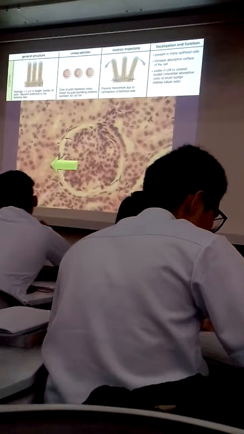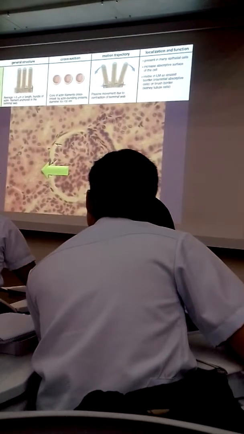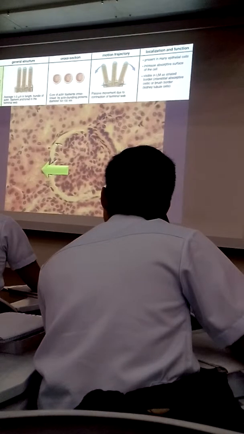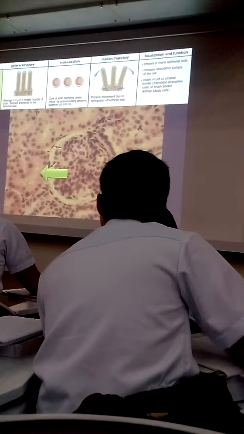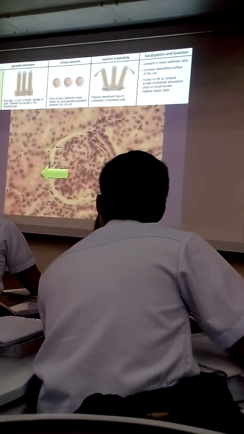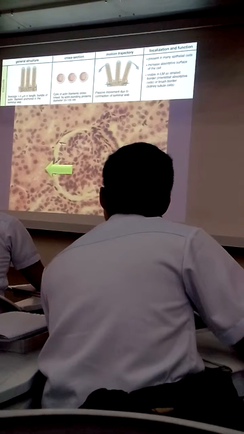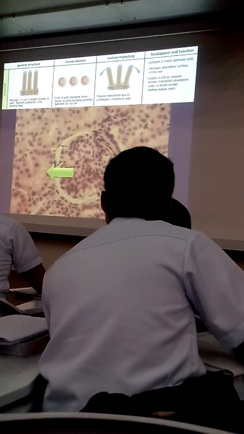It's short, as you can see, 1 to 3 micrometers, and they are bundled actin filaments. If you can see in the cross section, they're just actin filaments there, anchored into the terminal web. So this is the terminal web. As for their motion, it's more a passive movement, and then the function and its location.